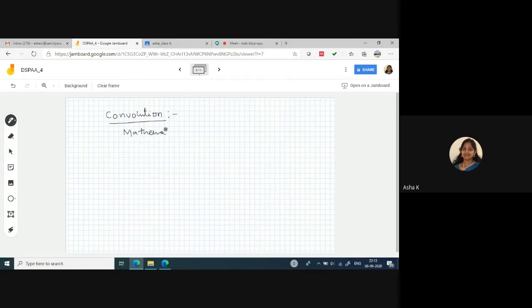It is mathematically represented as y of n is equal to summation k equal to minus infinity to infinity x of k into h of n minus k.